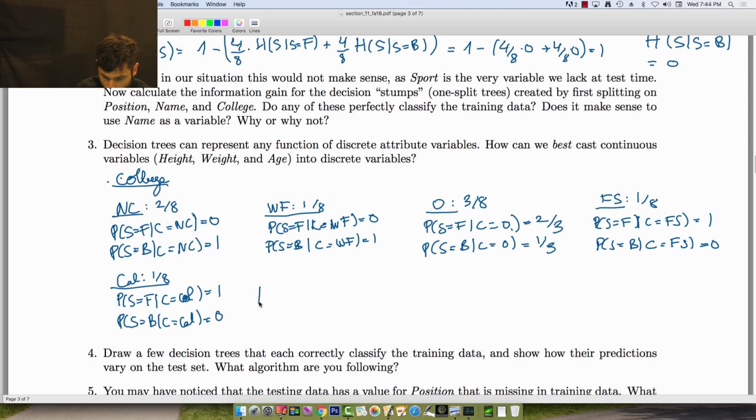So now we're ready to compute the expected entropy of the variable sport given college.